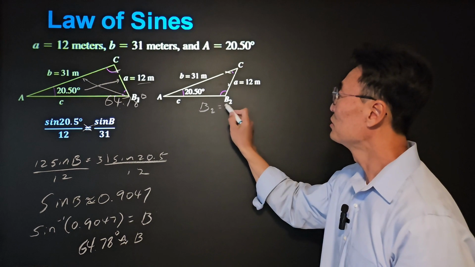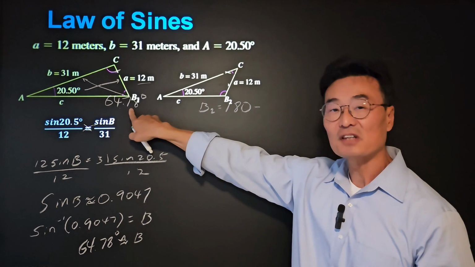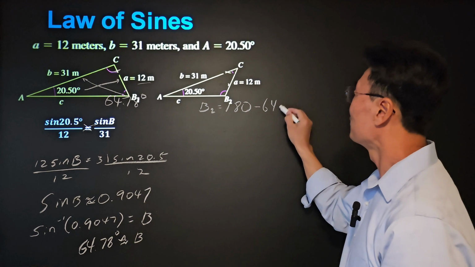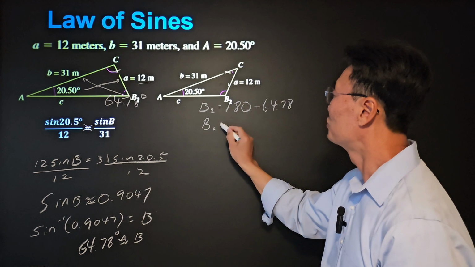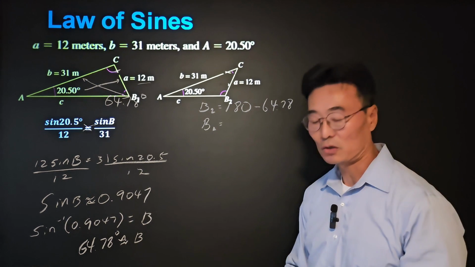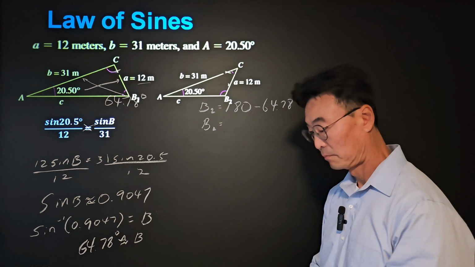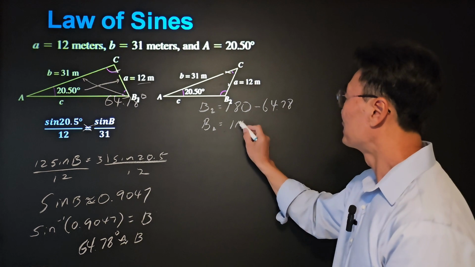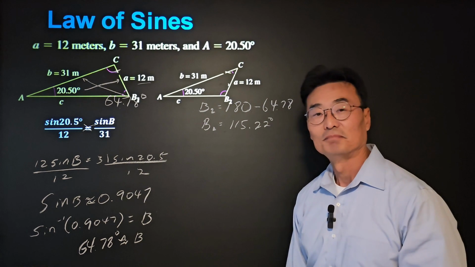So for B2, you can simply take 180 and subtract the first angle that we found, 64.78, where B2, or angle B of the second triangle, will be 115.22 degrees.